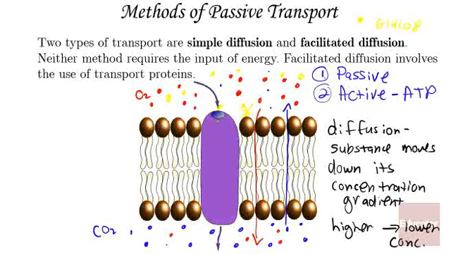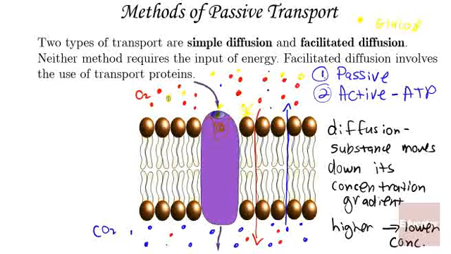However, it can use a transport protein, and this could be in the form of a channel or a protein that actually just changes conformation and will allow the item being transported to go through to the other side. So it's still moving down its concentration gradient. That's the important thing. The fundamental difference, facilitated diffusion requires a transport protein, simple diffusion does not.